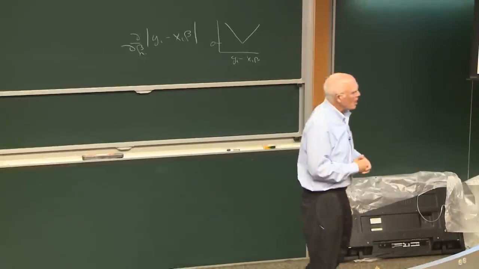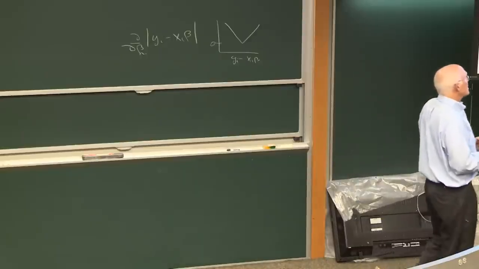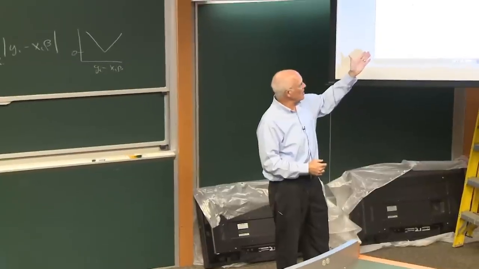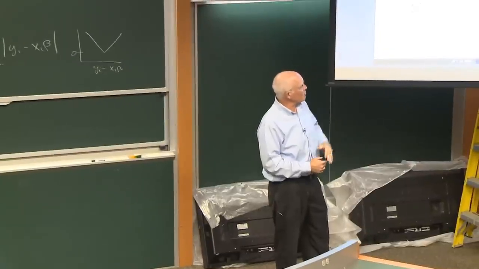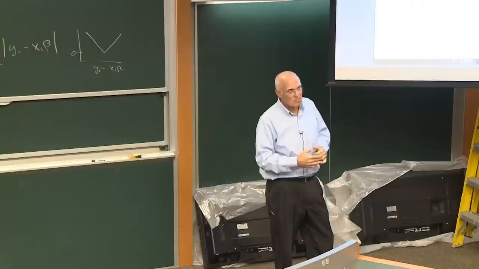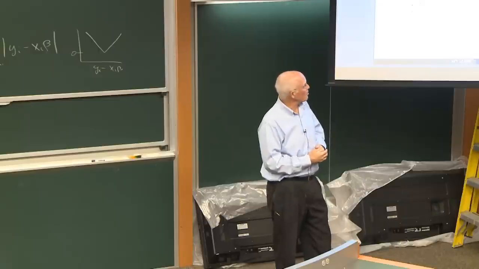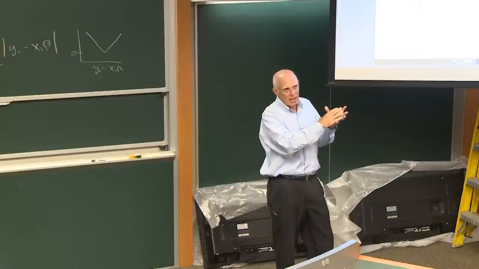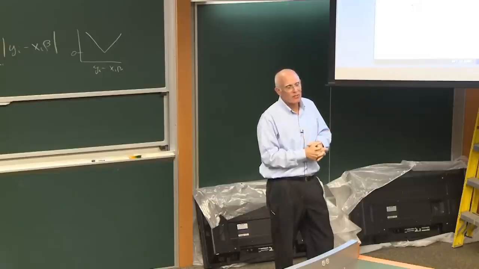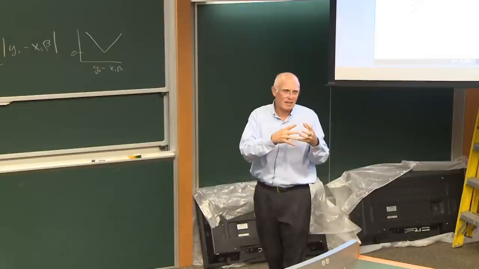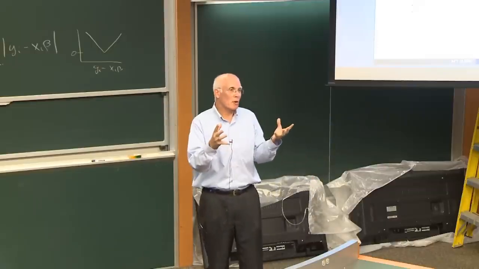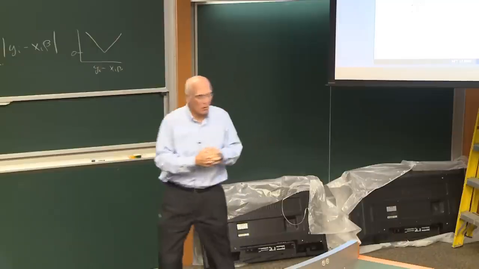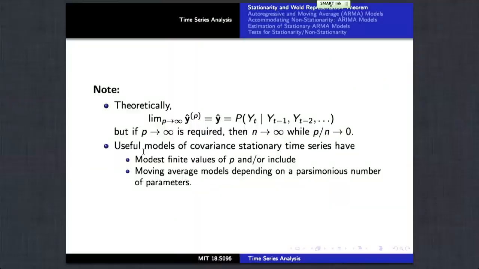And in time series modeling, what we look for are models where finite values of p are required. So we're only estimating a finite number of parameters. Or if we have a moving average model which has coefficients that are infinite in number, perhaps those can be defined by a small number of parameters. So we'll be looking for that kind of feature in different models.